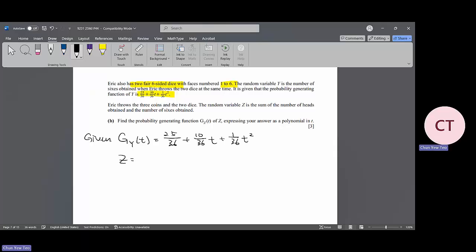Then Z is equal to X plus Y. So G_Z(t) is equal to G_{X+Y}(t).